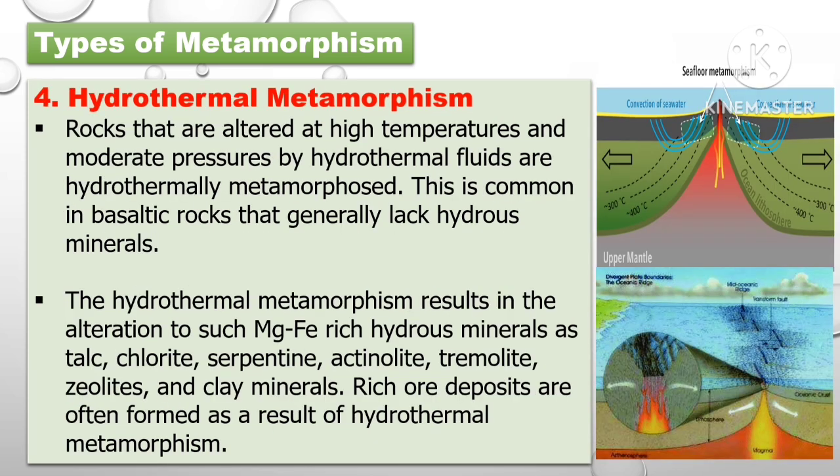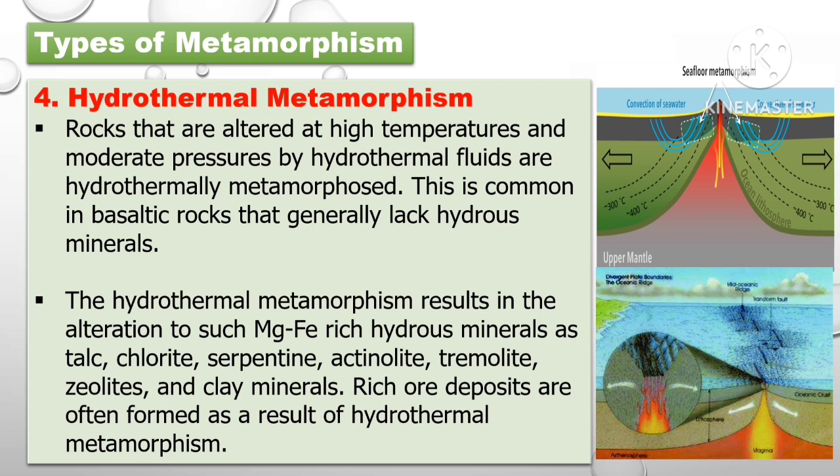Another type of metamorphism is hydrothermal metamorphism. Rocks that are altered at high temperatures and moderate pressures by hydrothermal fluids are hydrothermally metamorphosed. This is common in basaltic rocks that generally lack hydrous minerals.